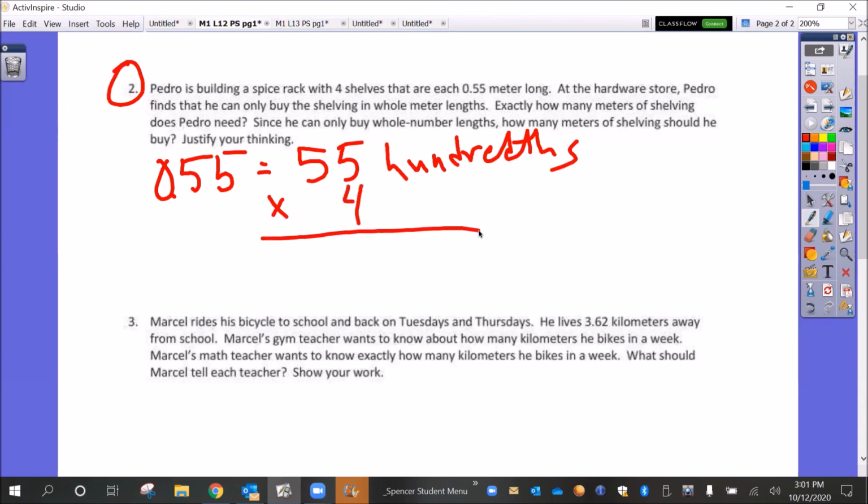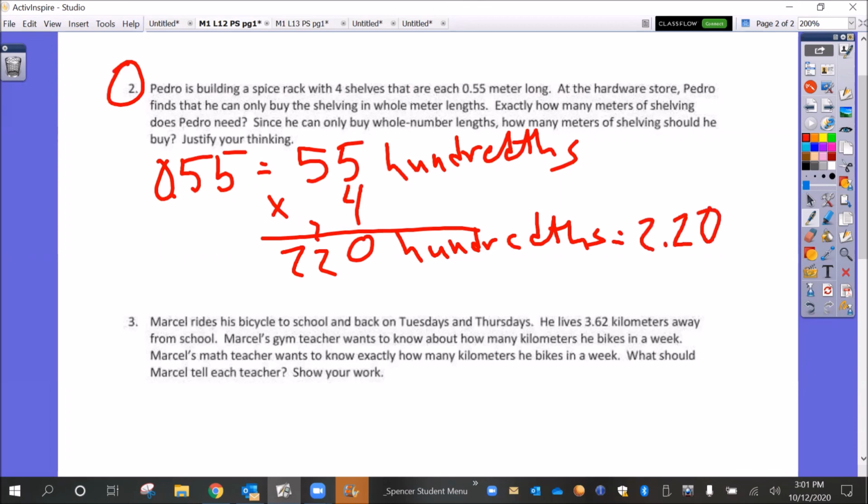Well, 4 times, and we know our unit's going to stay the same. So let's do 4 times 5 is 20. 4 times 5 is 20, so he needs 220 hundredths, or 2.20 meters.